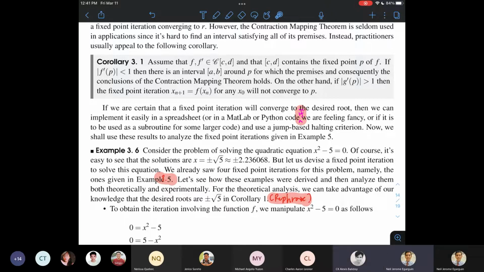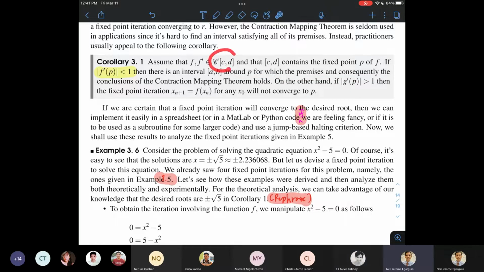Ano lang yung requirement? The requirement is that the derivative of f must be less than 1. The derivative of f evaluated at p must be less than 1. All right? Then, if that is the case, then we are sure na may nag-exist na interval AB around P for which the premises of the contraction mapping theorem holds.